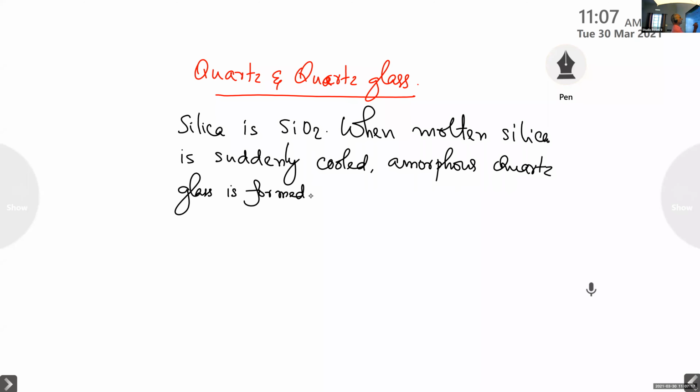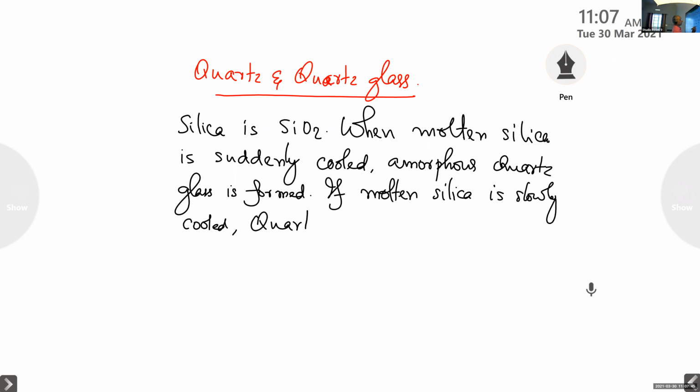Question: if molten silica is slowly cooled, quartz crystal is formed. There is crystallization.